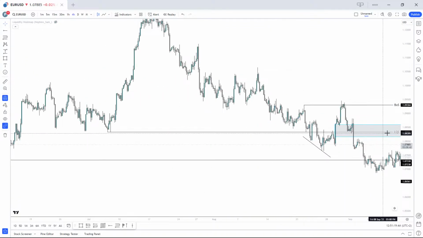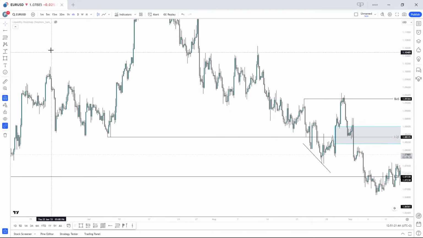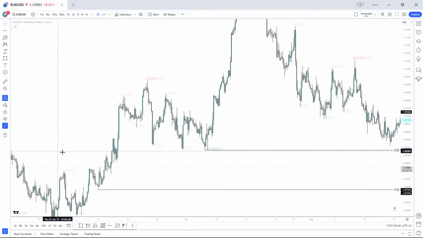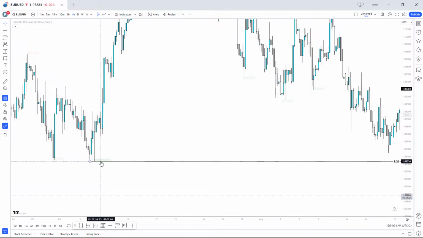It is actually a pretty good liquidity point because, okay, we can't see those ones, but we can see this one, the lowest out of all of those three. It's actually a good area of liquidity.